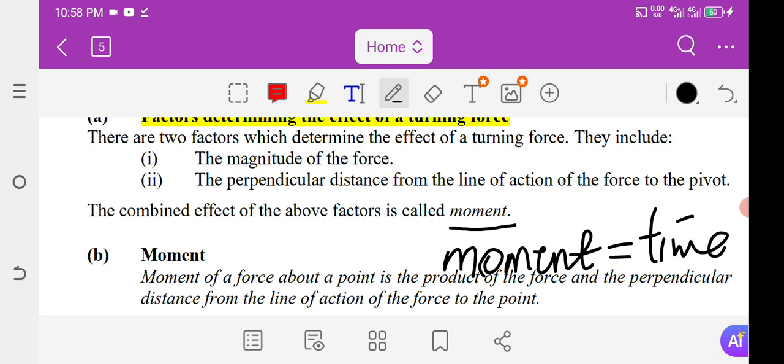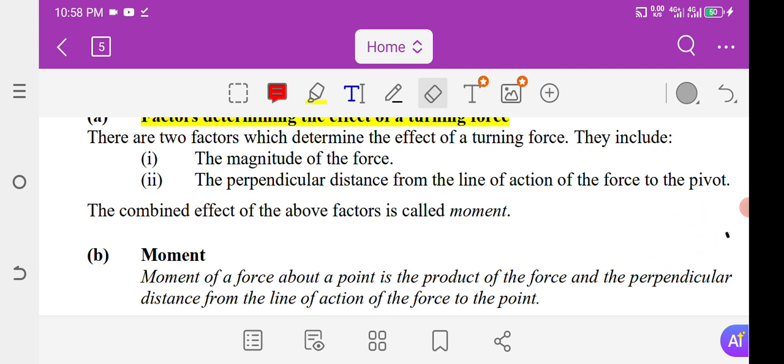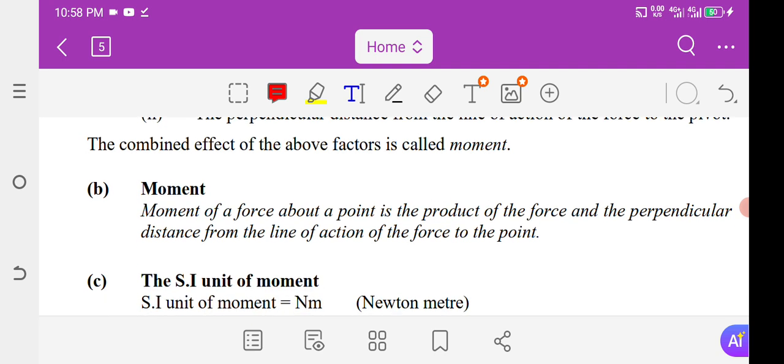For example, you say, at this moment, we would like to have classwork. It means you are talking about that time or juncture. But here, strictly speaking, we are not using the word moment to mean time, but to mean the product.